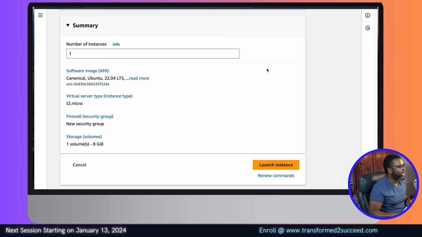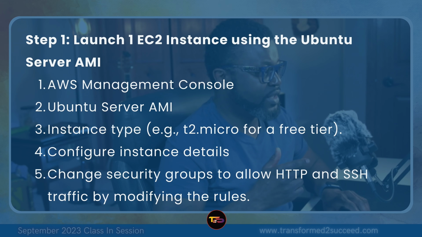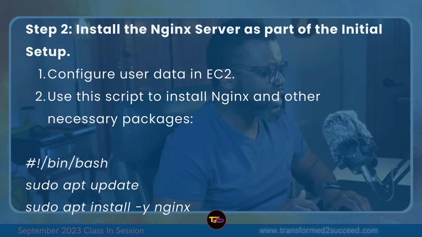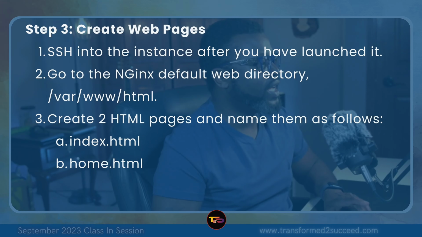And then when you're done, you now go back down to launch, and let me show you what we have done so far. We have done step number 1, and now we are almost done with step number 2. We're gonna go to step number 3 to create our web pages.